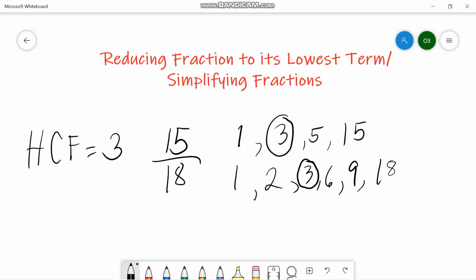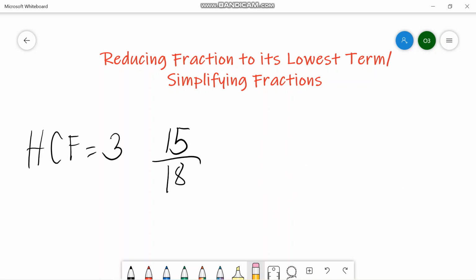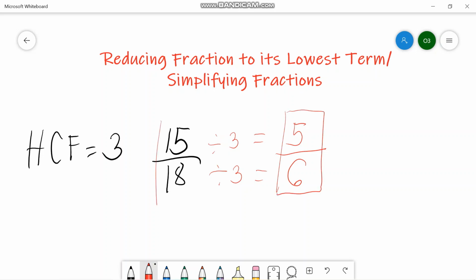Now we have to divide both numerator and denominator by 3. 15 divided by 3 is equal to 5, and 18 divided by 3 is equal to 6. So now we have our lowest term: 15/18 reduces to 5/6.